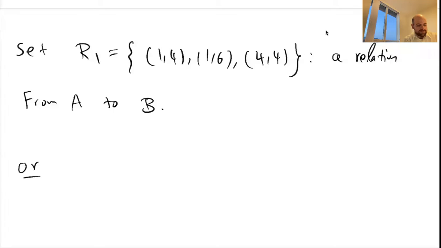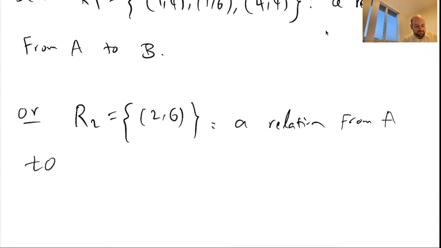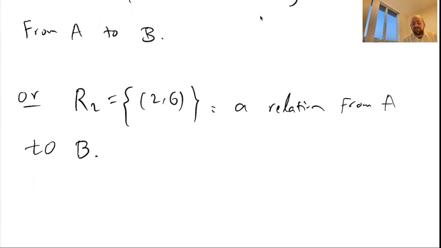R2 equals, let's say, the set containing only (2,6). This is also a relation from A to B. It's a set with only one element, but it's a subset of A cross B. Or consider another subset of A cross B, and therefore another relation: R3 equals the empty set.